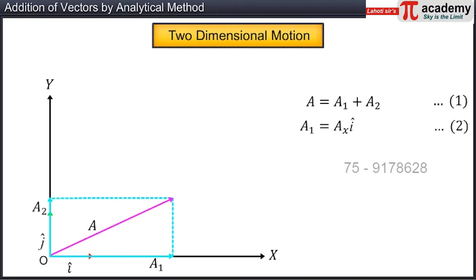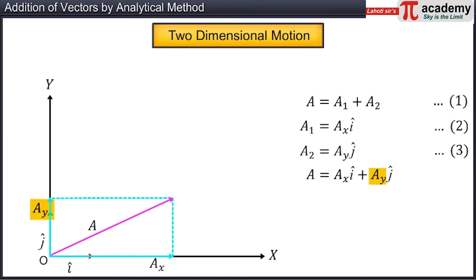Let this be equation 2. Similarly, A2 is equal to AYj. Let this be equation 3. Substituting 2 and 3 in 1, you get A is equal to AXi plus AYj.